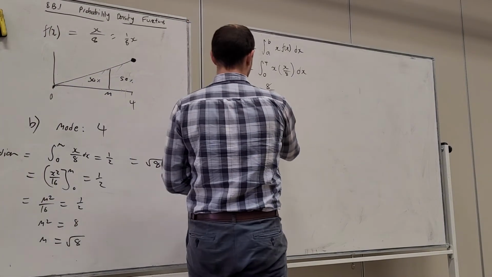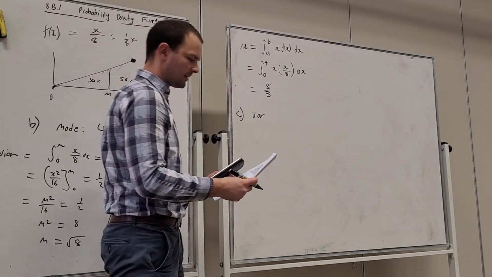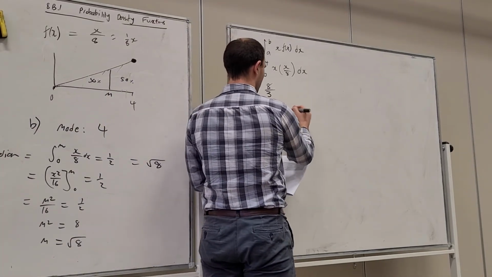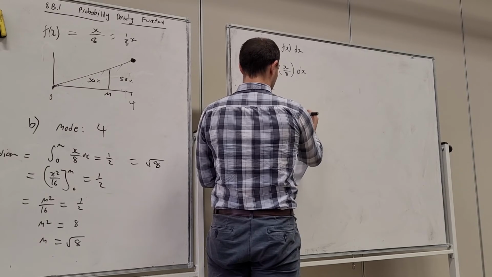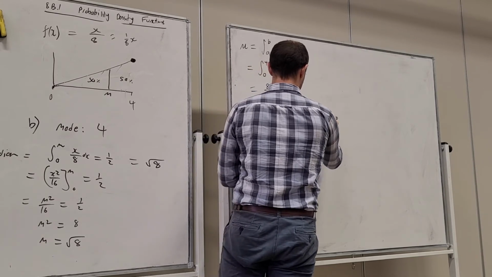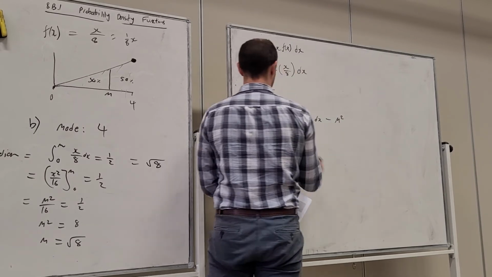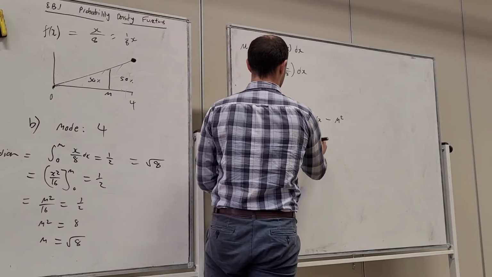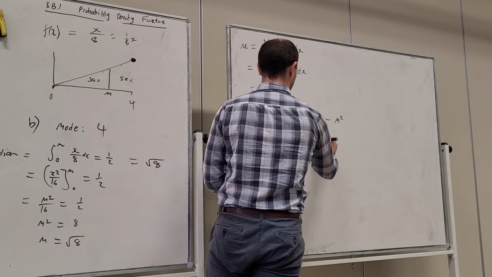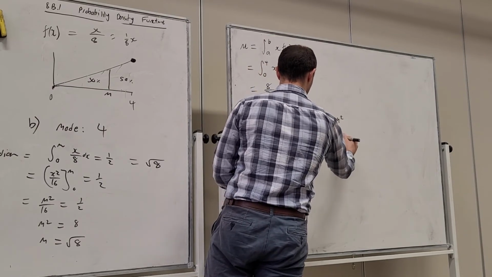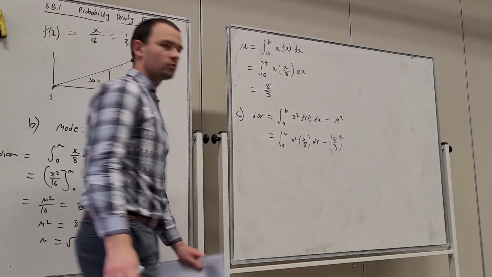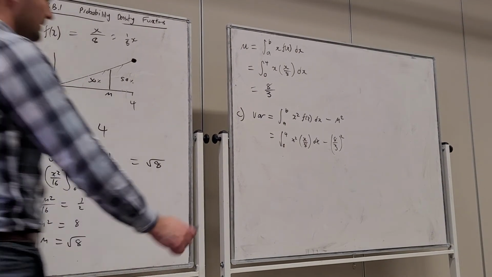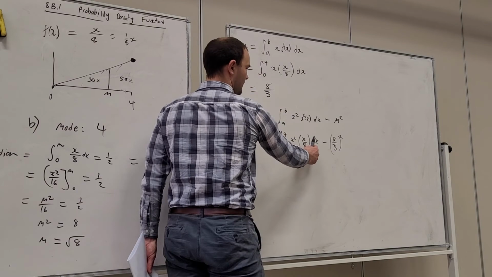So we use the formula there, and you can use either. There are two formulas. I'm going to opt to use the one on the left. So if we do from a to b of x squared f of x with regards to x, take the mean squared. So in our circumstance, 0 to 4, x squared times x on 8. Okay, it's really important to note the position of the dx. Why is that? Because that tells you it's the end of the integral.